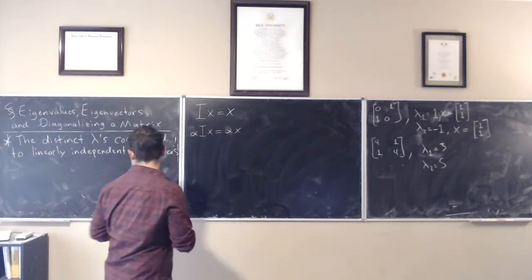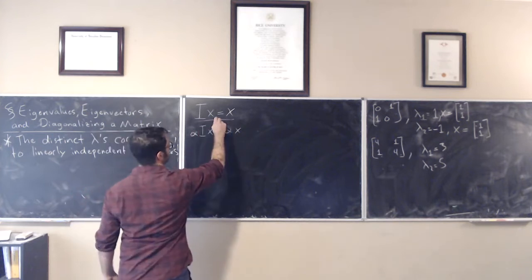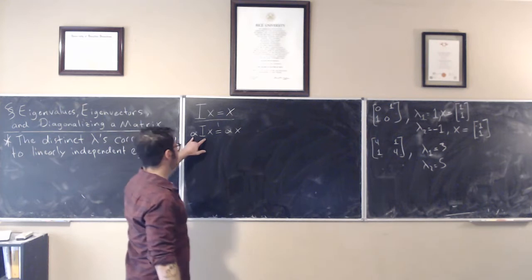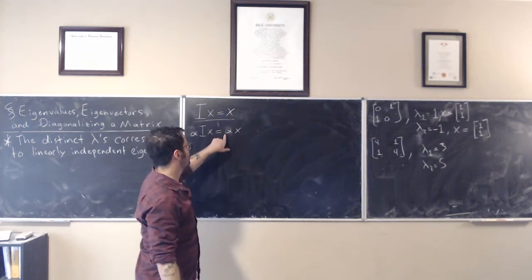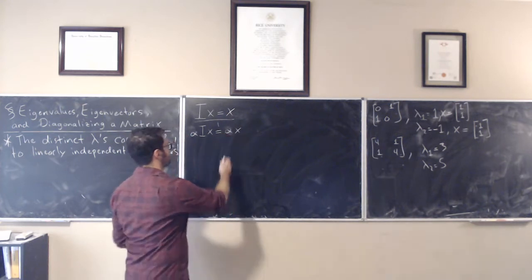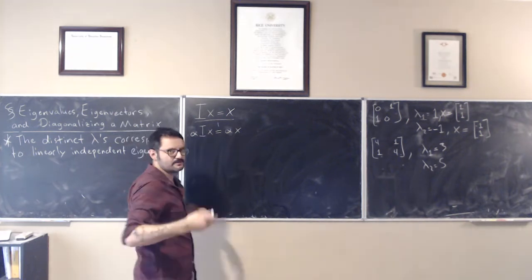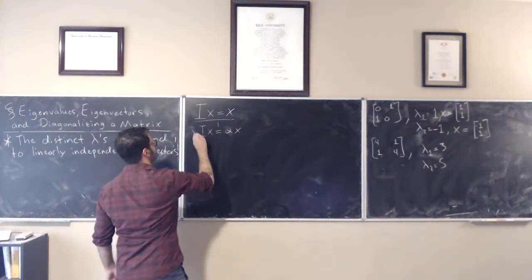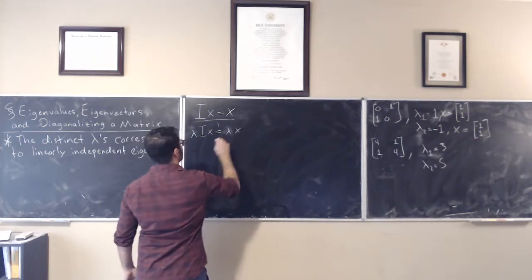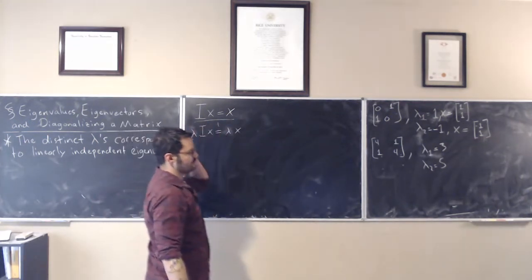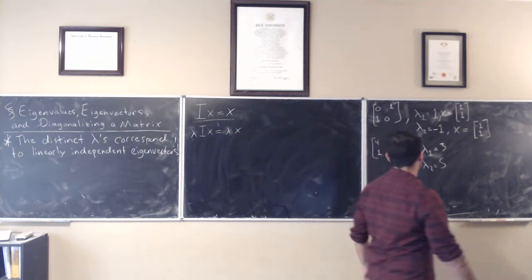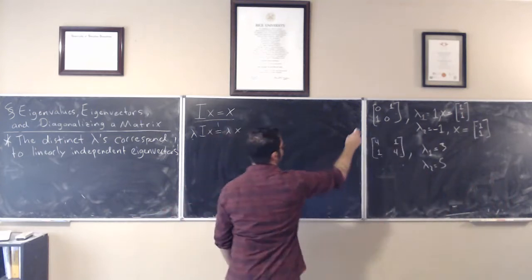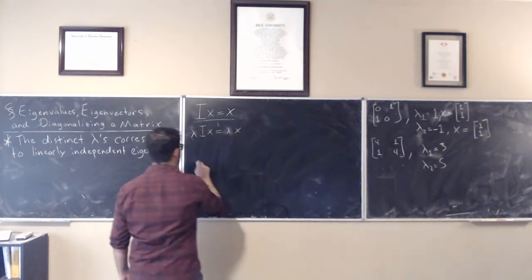Because this holds, which means that if I multiply by anything, it's going to be the same, and that value that I multiplied will be an eigenvalue. Again, I don't have to use lambda, I can use any scalar. But yeah, I'll just leave it lambda. If lambda is a multiple of I, lambda is an eigenvalue of that matrix that you make.